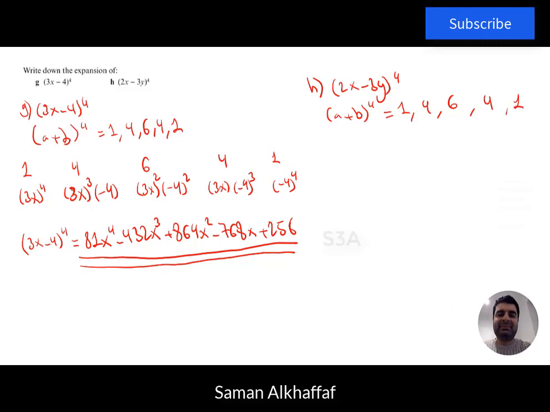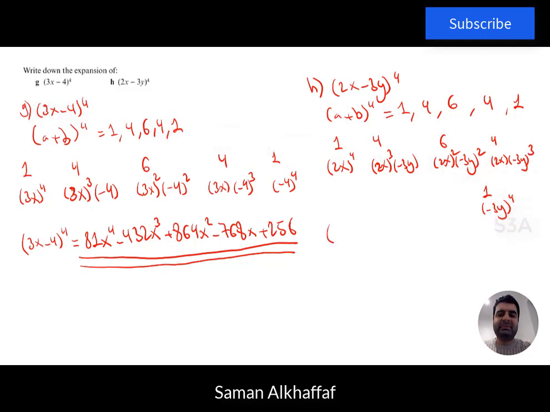For the 1, it would give us (2x) to the power 4, and for the 4, it would give us 2x by minus 3y, and for the 6, 2x by minus 3y, and for the 4, 2x and minus 3y, and also for the 1, it would give us minus 3y to the power 4, with the powers 3, 2, 2, and 3 on the middle terms.